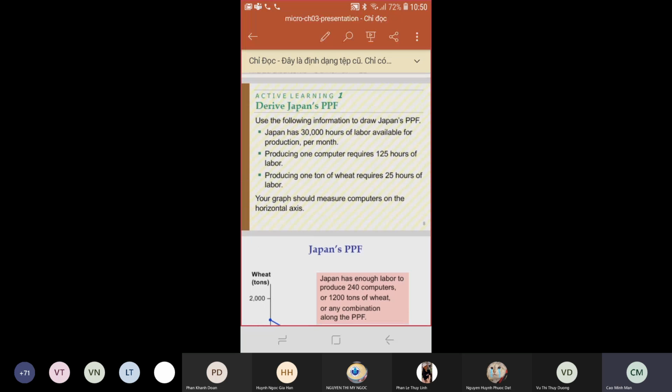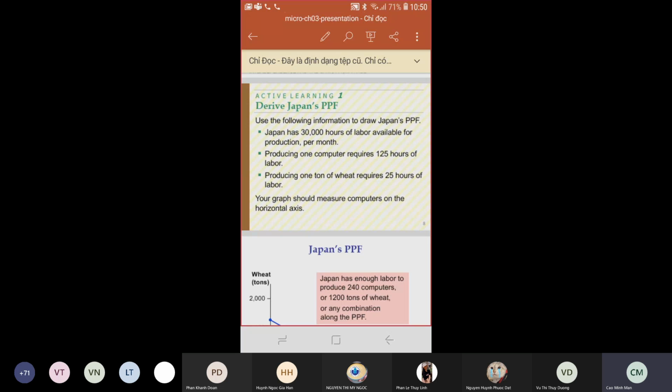And Japan spent 20 labor hours, I repeat, I don't know how many times, and 120 labor hours to produce a ton of wheat and a computer. Okay, thank you. You have to remember these numbers.